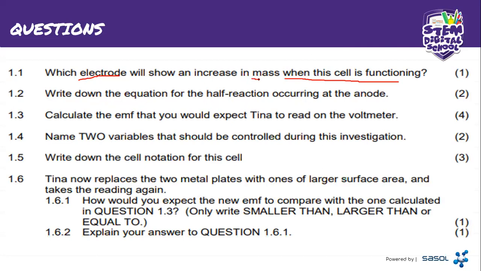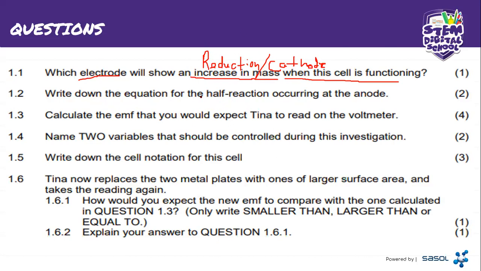And obviously, the one that will experience an increase in mass is the one that undergoes reduction. And that is definitely the electrode that is going to function as the cathode altogether.